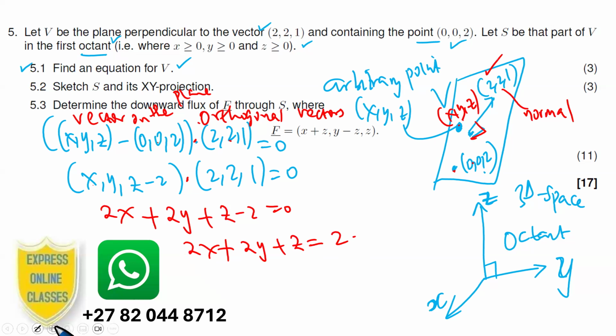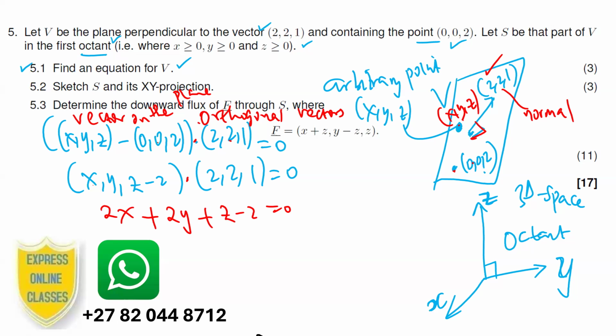Okay, you can write it like that, but you can also leave it this way. We found the equation of this particular plane.